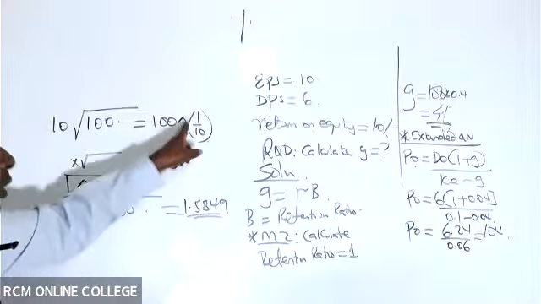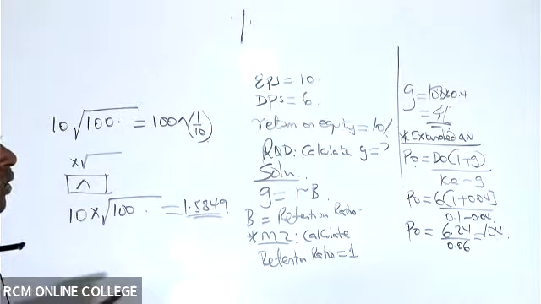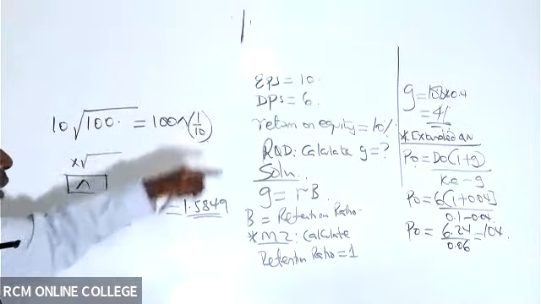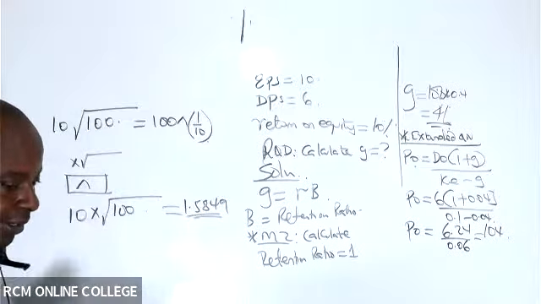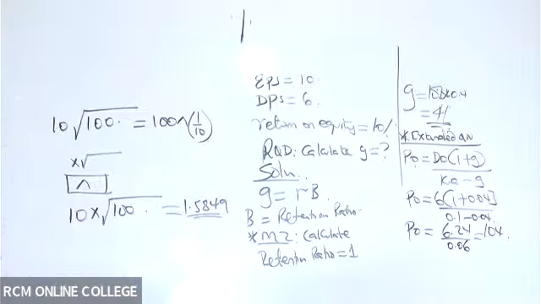But remember, this 1 over 10 you must put in brackets. If you don't put in brackets, then you're done. So if I take 100 raised to 1 over 10 in brackets, will I still end up getting the same answer?